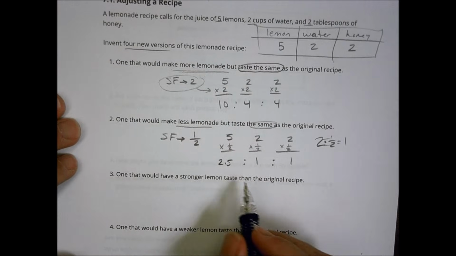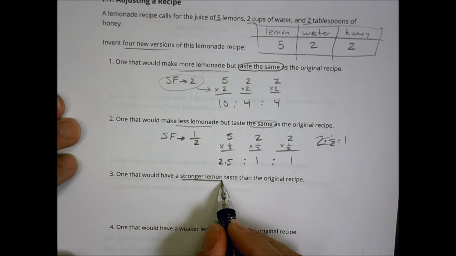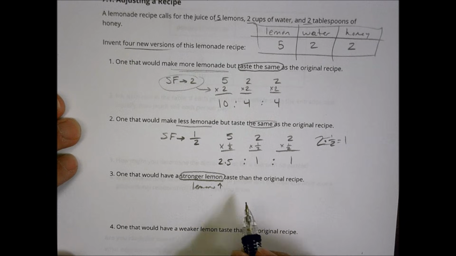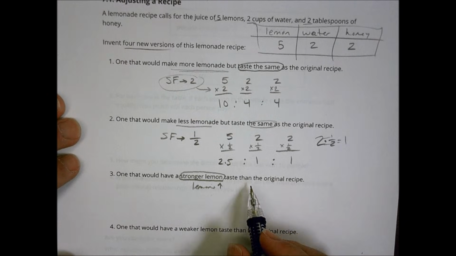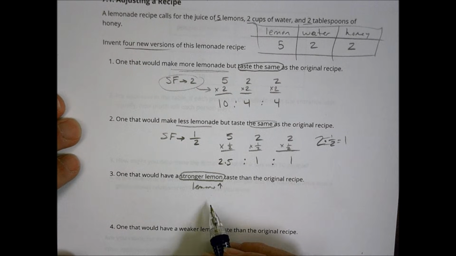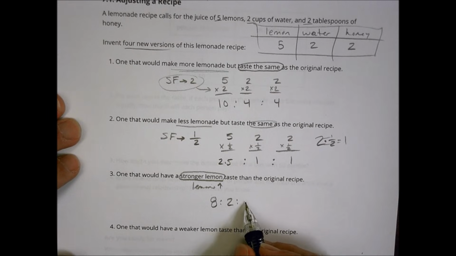If I wanted to have a stronger lemon taste, then that means I need to increase the amount of lemons that I'm using. That number needs to go up, and you can pick any number you want. So we initially had 5, 2, and 2. I could pick 8 lemons, 2 cups of water, 2 tablespoons of honey.